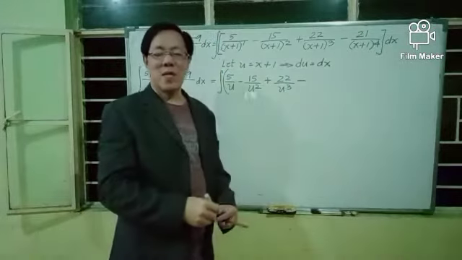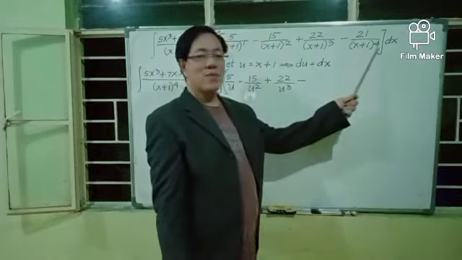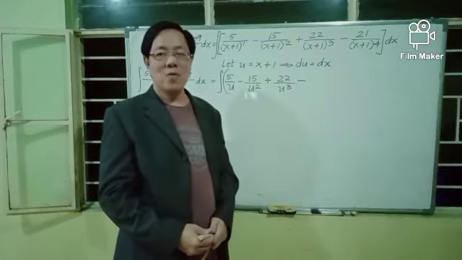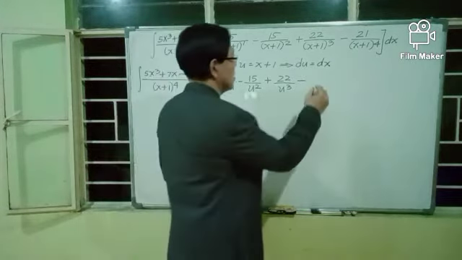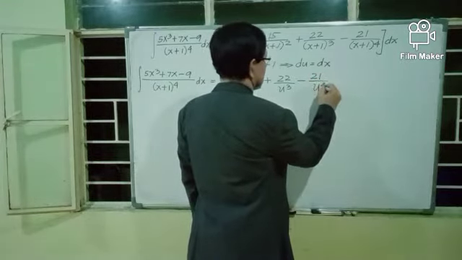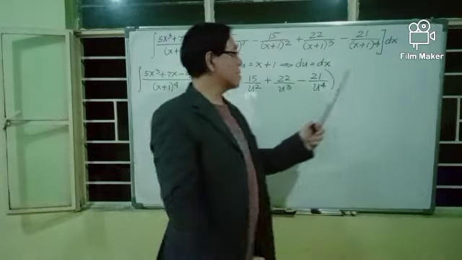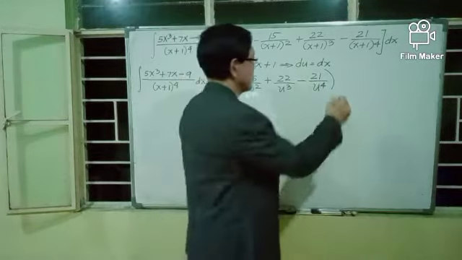And the last term is minus 21 over x plus 1, which is u to the power 4, or minus 21 over u raised to 4. And we replace dx with du.